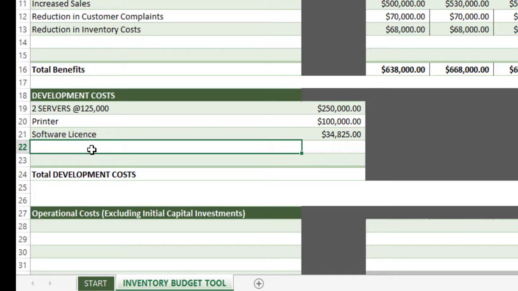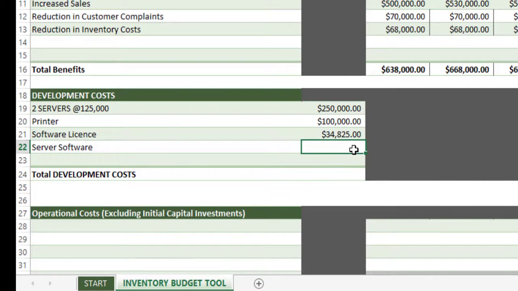There is server software that is needed. This server software is 10,945.